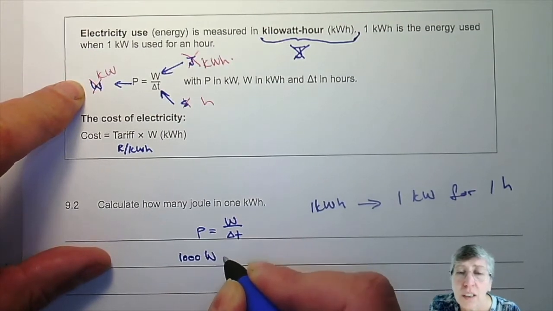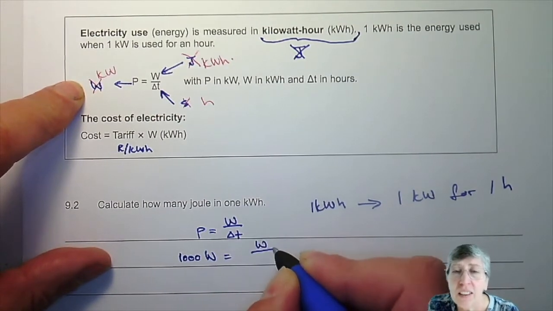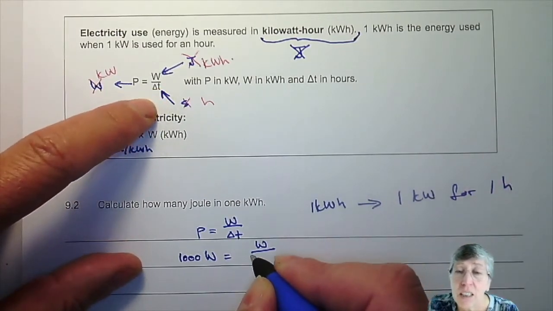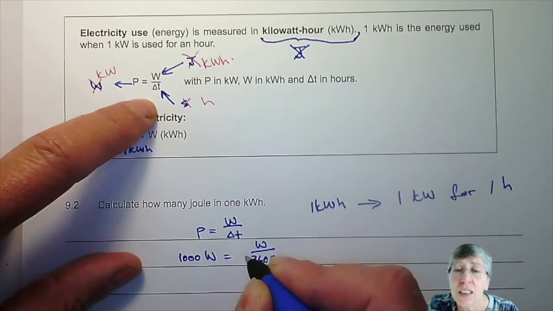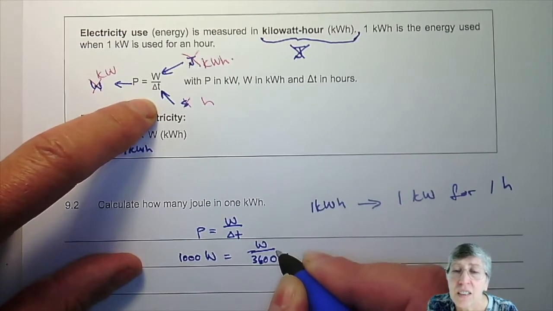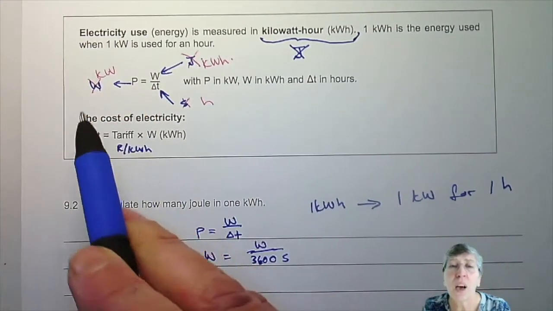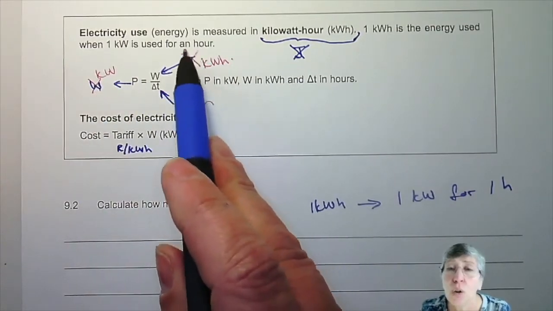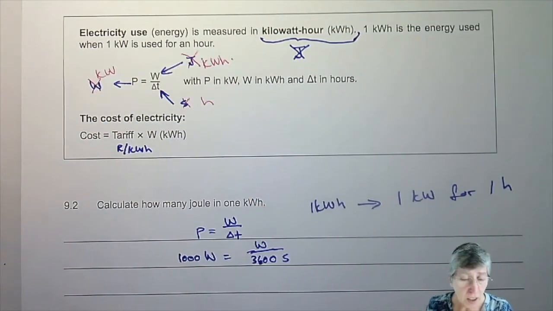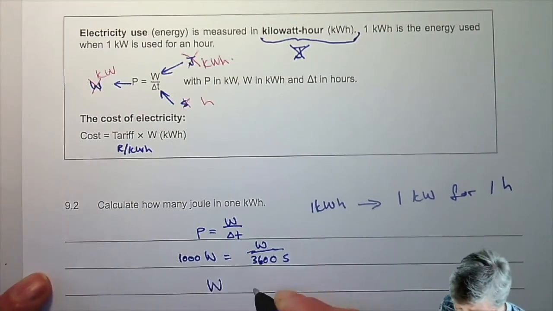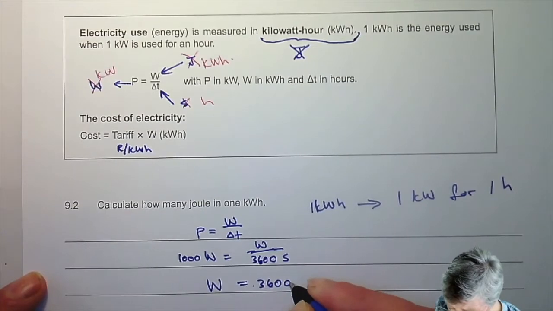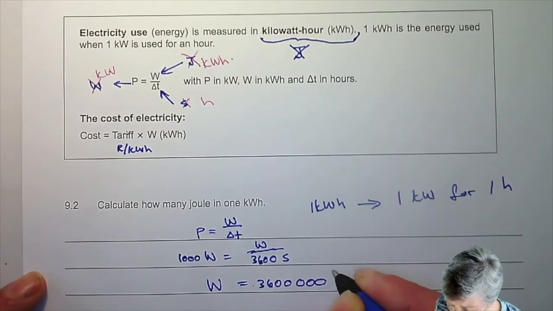So this is going to be 1000 watt. And then the time, 1 hour, that will be 60 times 60, so 3600 seconds. Right, so now I'm going back to the old units because I want to go back to the old joule unit. Then you end up with the energy being 3600000 joule.